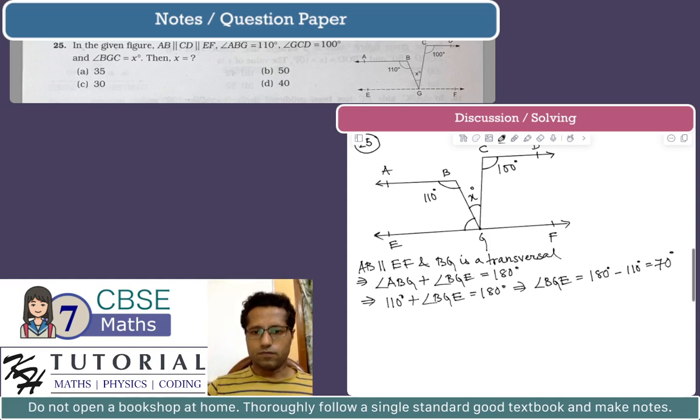Okay, so we got angle BGE to be 70 degrees. Similarly, we have CD parallel to EF and CG is a transversal.